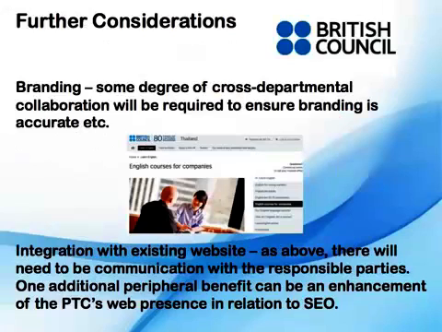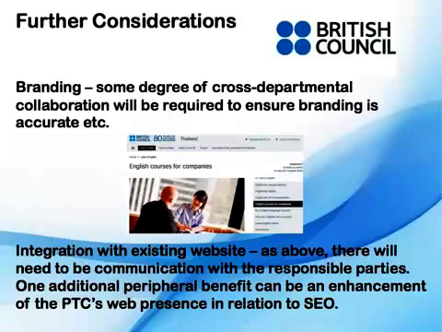So some further considerations in my context here, the British Council, is branding. We need some degree of cross-departmental collaboration to ensure that branding is accurate. Then we'd have to look at the integration with existing websites. As above, there will need to be communication with the responsible parties.